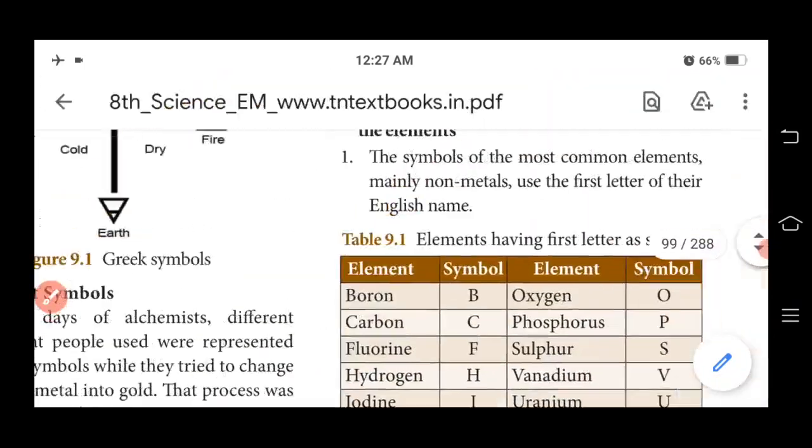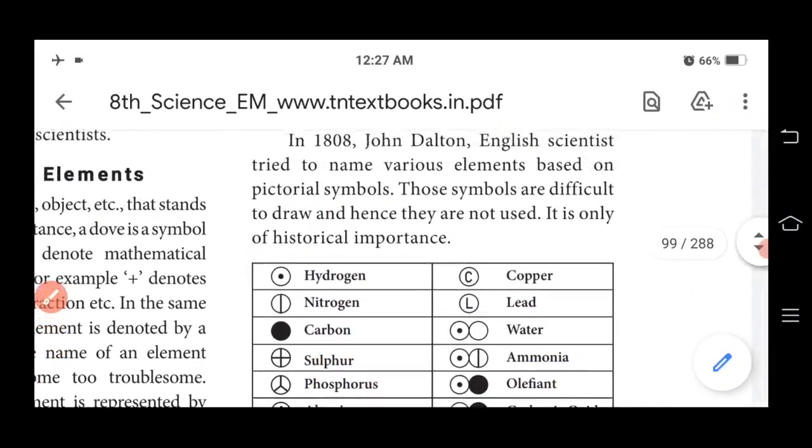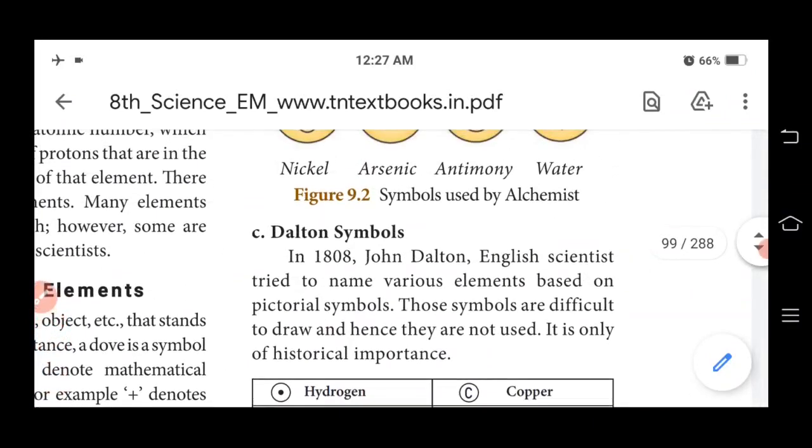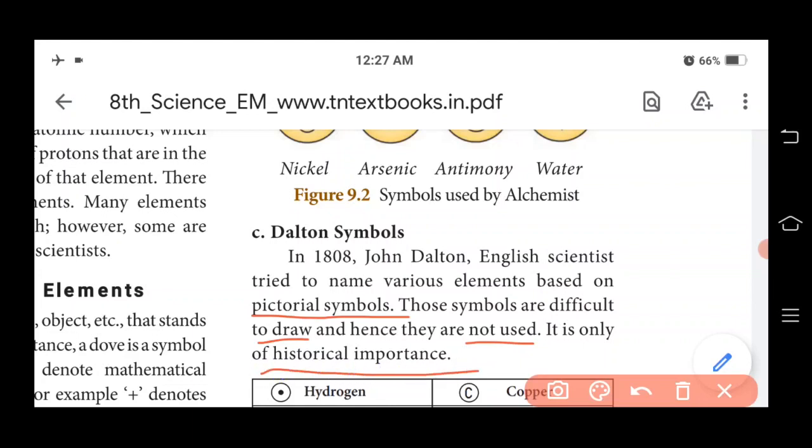And then Dalton symbols. Dalton symbols are based on pictorial symbols. Those symbols are difficult to draw, hence they are not used. They are only of historical importance.